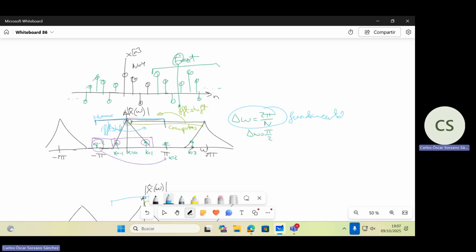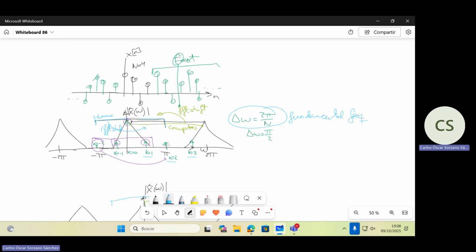The fundamental frequency has to do with what your period is. And these are harmonics. So this is the first harmonic, second harmonic, third harmonic.